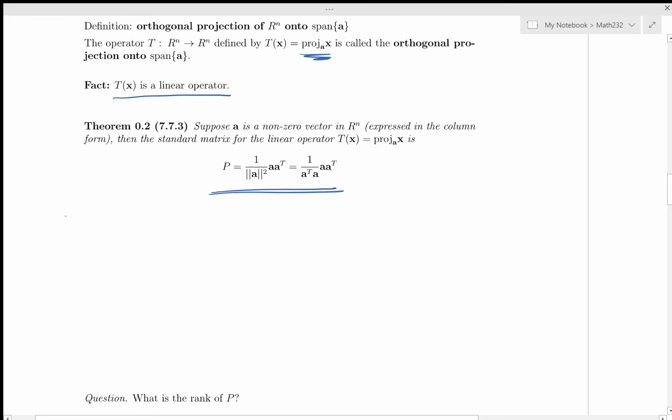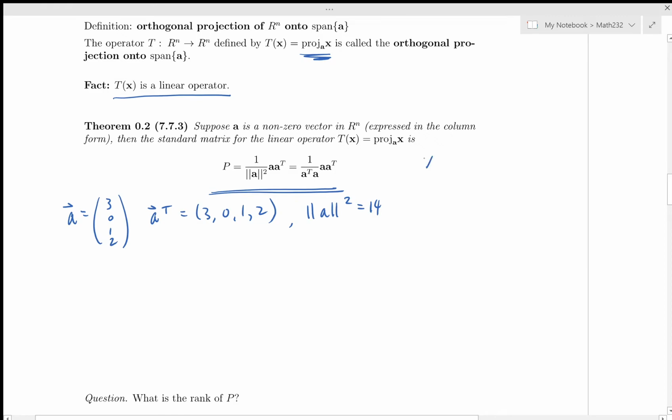In our previous example, A was 3, 0, 1, 2, and here is A transpose. The norm of A squared is 14.